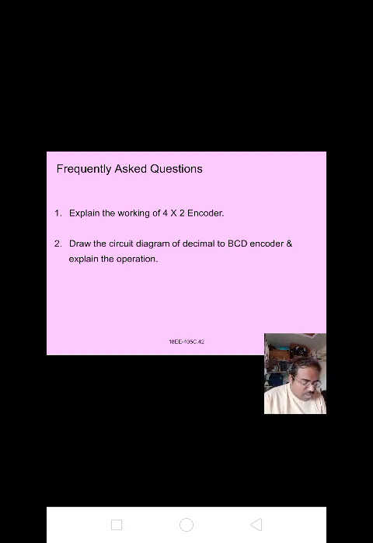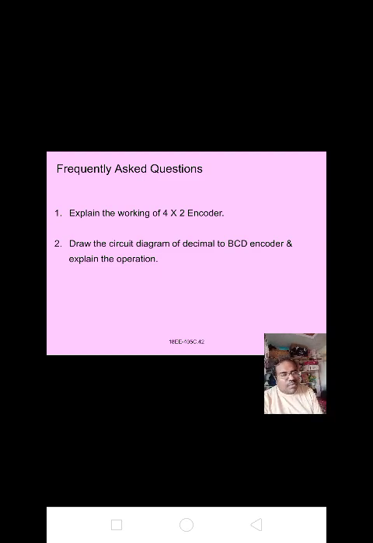Encoders can also be used to encode various symbols and alphabetic characters. Thus, the process of converting from familiar symbols or numbers to a coded format is known as encoding.